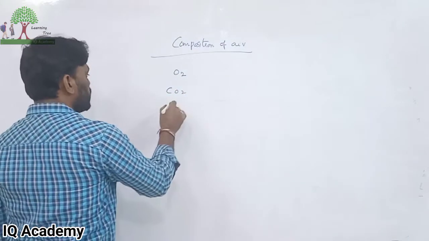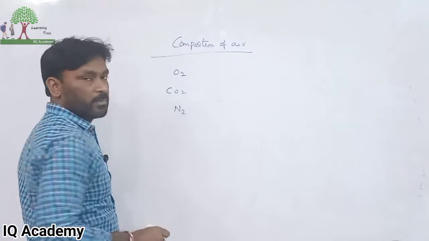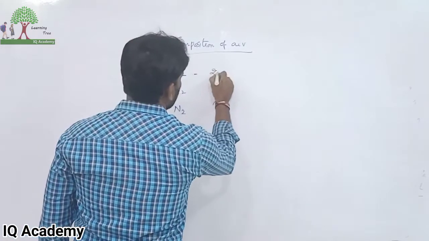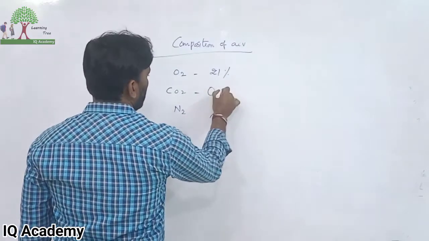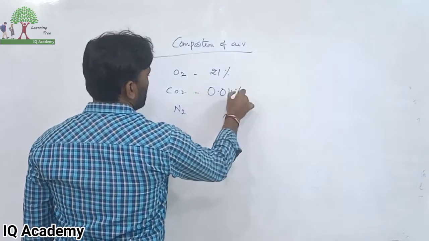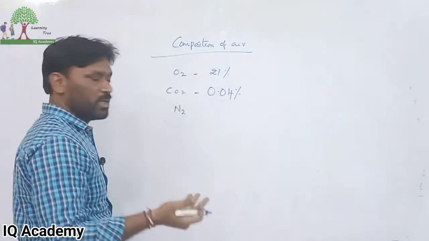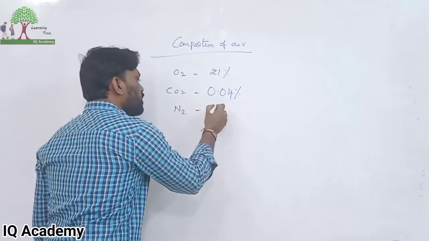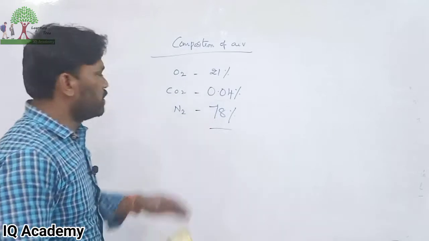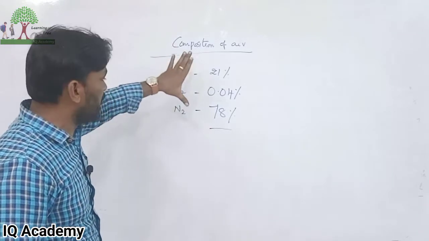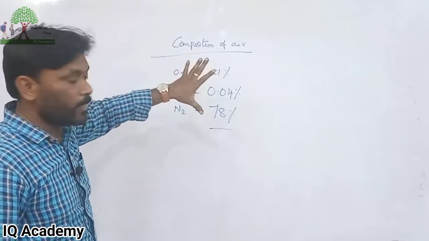Oxygen is 21% present. Carbon dioxide 0.04% or 0.03%. Nitrogen 78%. And this is the composition of gases in the surroundings.